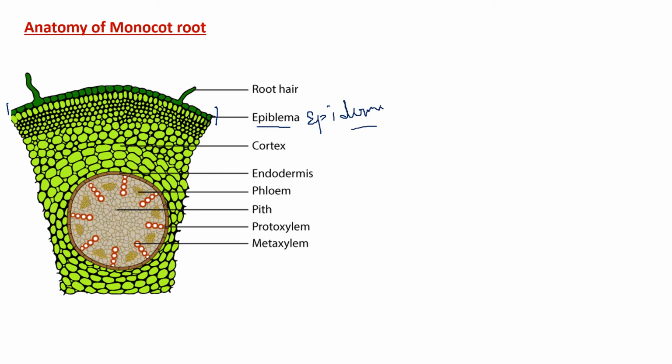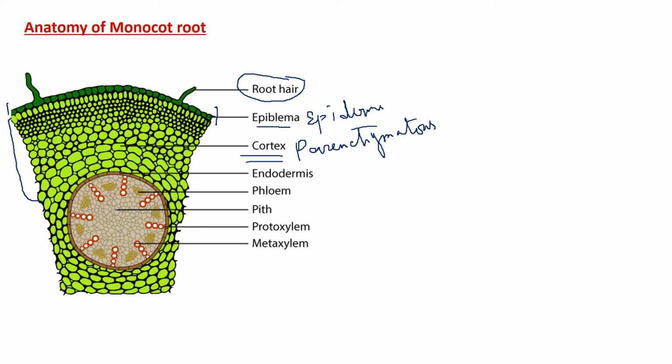It consists of the barrel-shaped cells, and some of these cells give rise to the unicellular root hairs which help in the absorption of the water. And then inside the epidermis you have the parenchymatous cortex. This cortex is made up of parenchymatous cells.